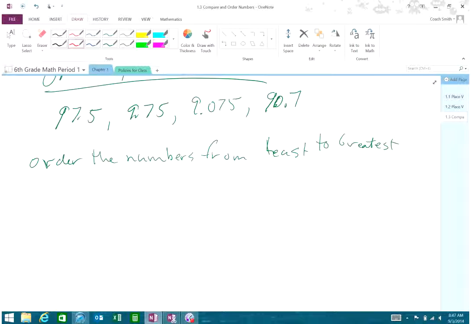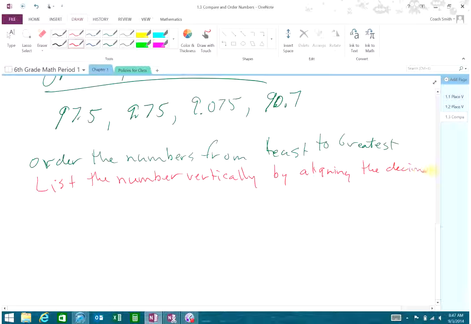Okay, now, same thing here that we just talked about. We want to list the numbers vertically, and we want to make sure all numbers have the same amount of digits. So when you list the numbers vertically by aligning the decimals, in each number, I'm going to line up the decimal.